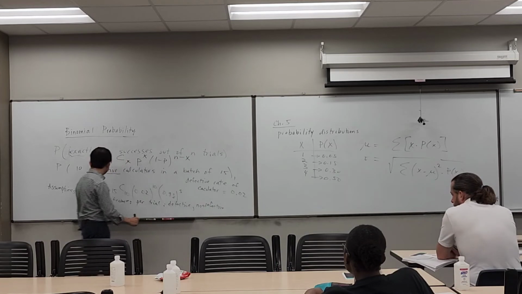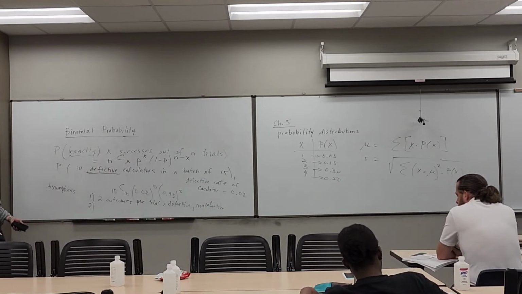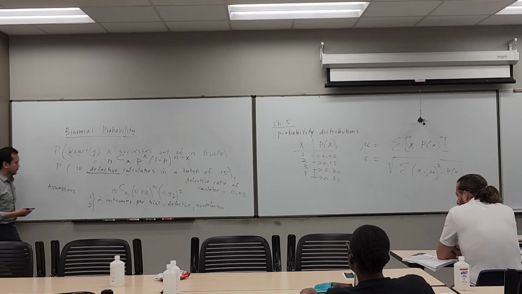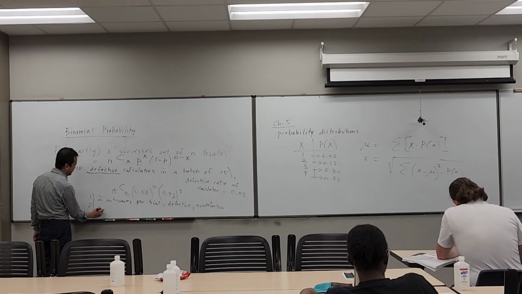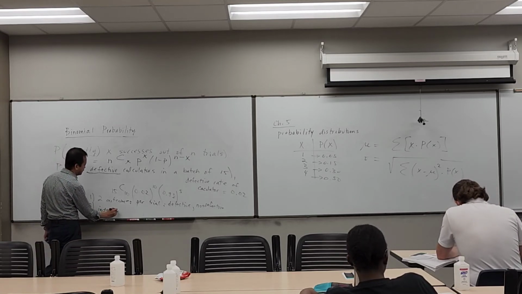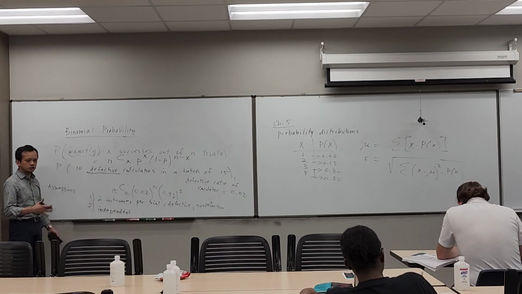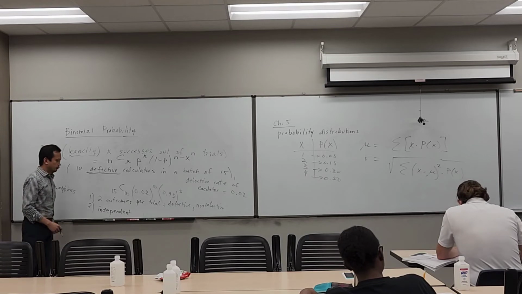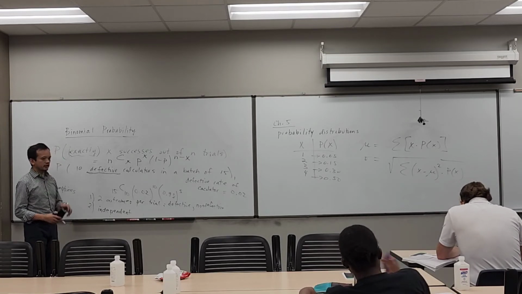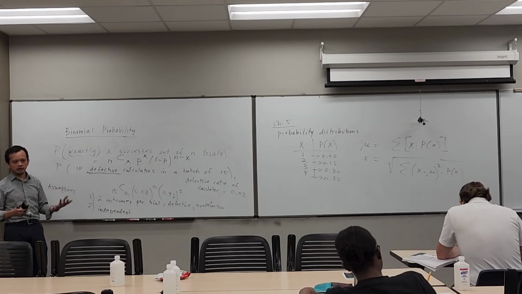And then what's the other assumption? Then it has to be independent trials. Yeah, good. Independent trials. So again, independent trials, what that means is the probability of success for each trial doesn't change for different trials. So if you have a success in one trial, that doesn't affect the probability of another success in another trial.